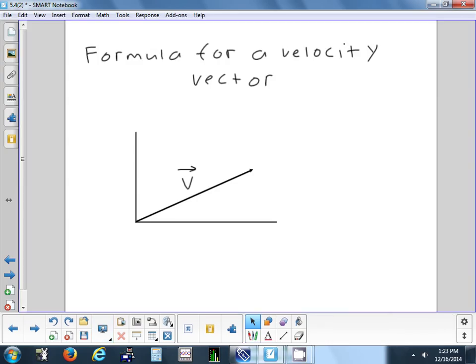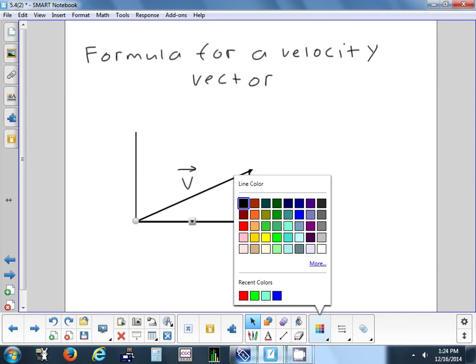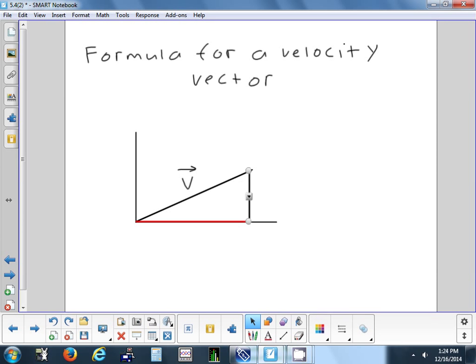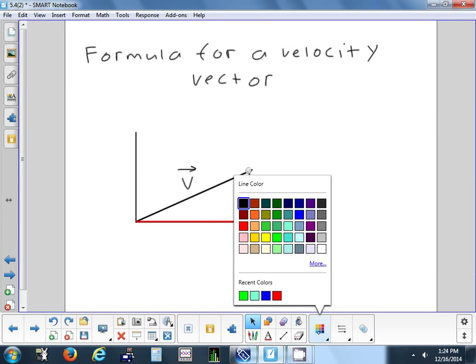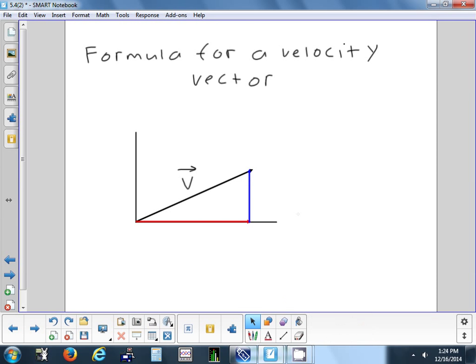What shape do you think I could make out of this picture that would help us figure out horizontal and vertical stuff? Yeah, let's make a triangle. So we've got two components here. This object has a horizontal component and a vertical component. I'll do the horizontal component in red, and the vertical one in blue.